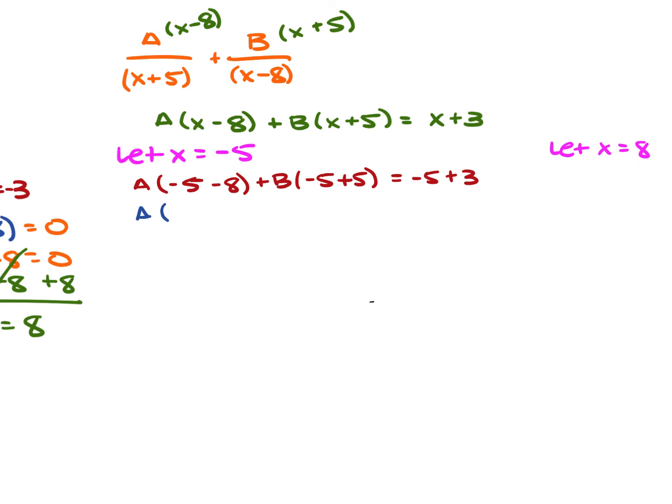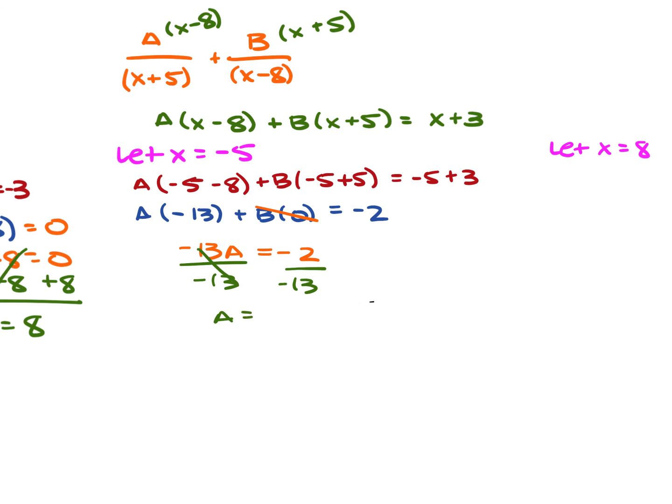You're going to get a times negative 13 plus b times 0 is equal to negative 2. From here, that b cancels out. You have negative 13a is equal to negative 2. Divide each side by the negative 13, and you get that a is 2/13.